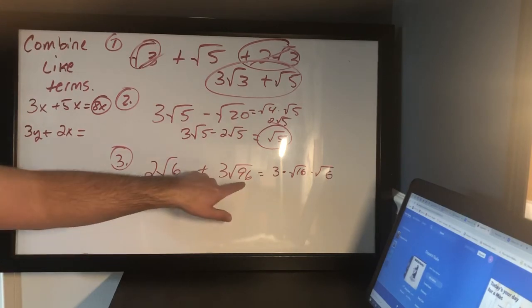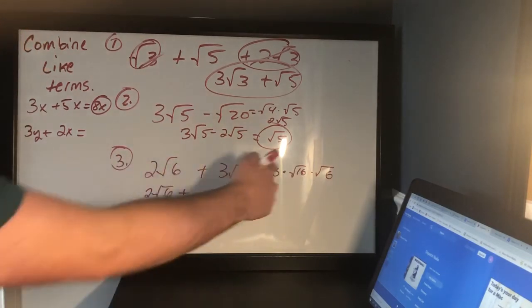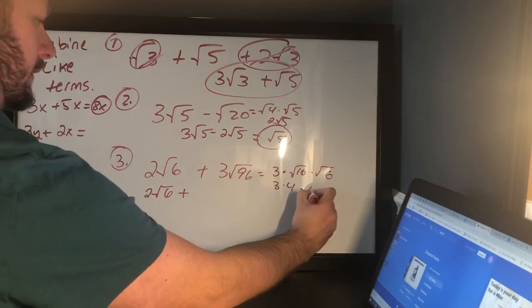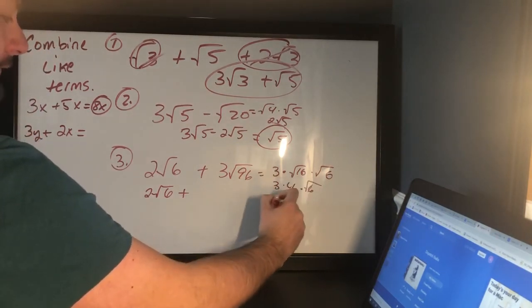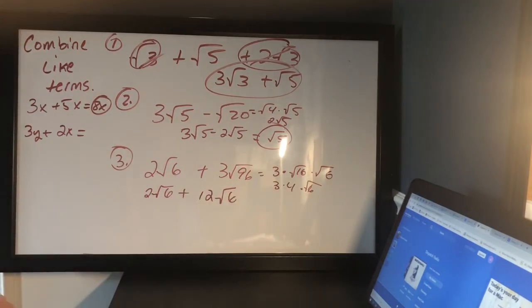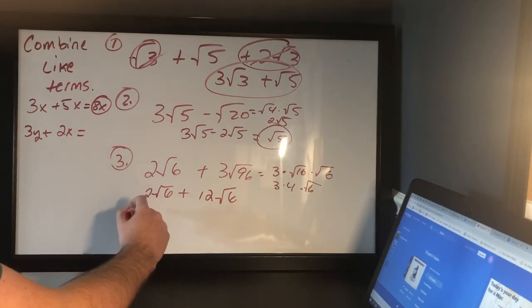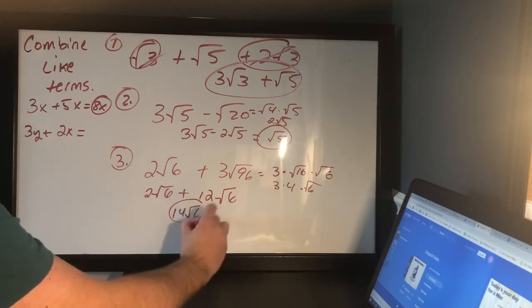So in this case, 96 divided by 6 gives us 16. And that works out for us because that's a perfect square anyway. So now we have 3 times 4 times radical 6. 3 times 4 is 12, so we'd have 12 square root of 6 here. 12 square root of 6 plus 2 square root of 6 is 14 square root of 6.